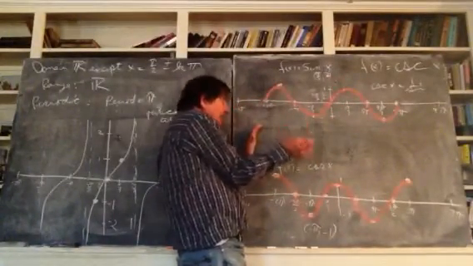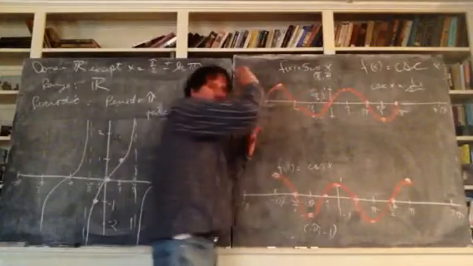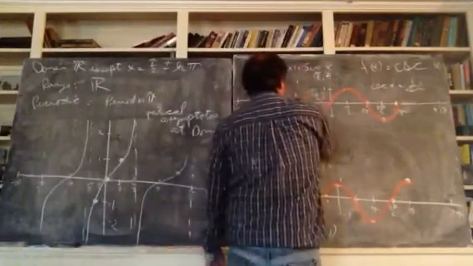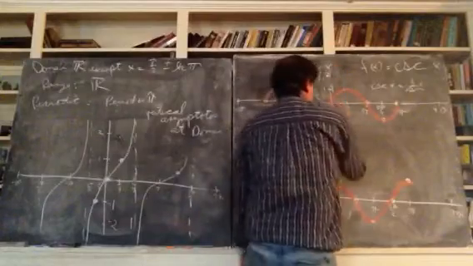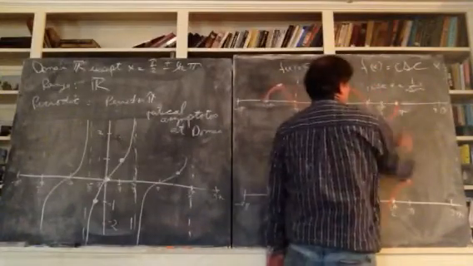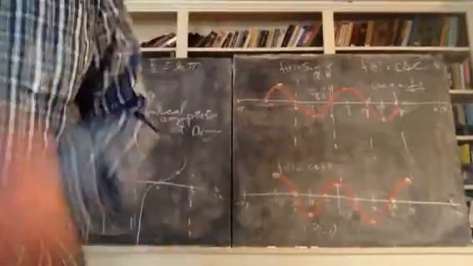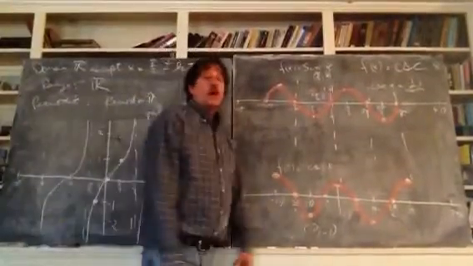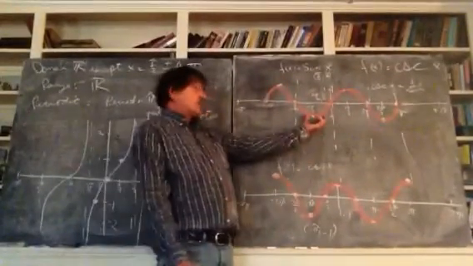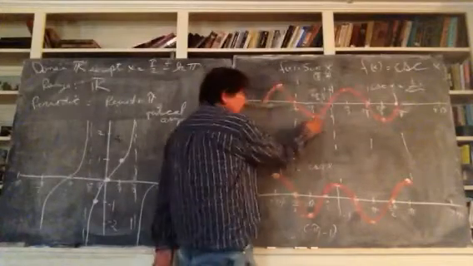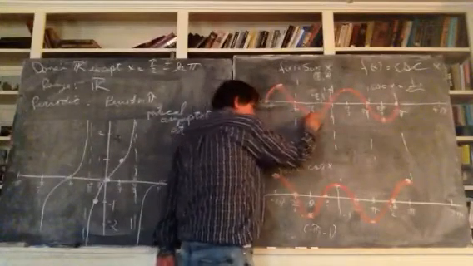When sine is 0, there's an asymptote. Everywhere sine is 0, there's an asymptote. You can't have 1 over 0, and remember they're reciprocals. And then everywhere sine is 1 or negative 1, there's just a loop, like so.